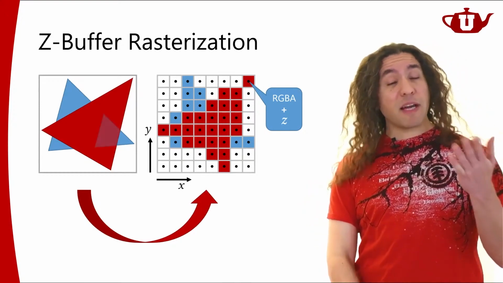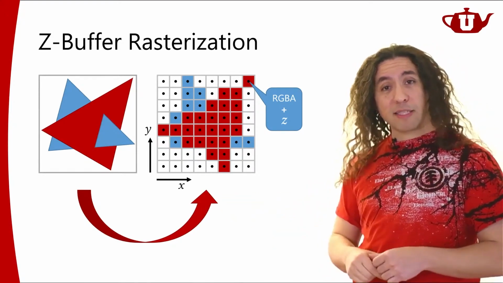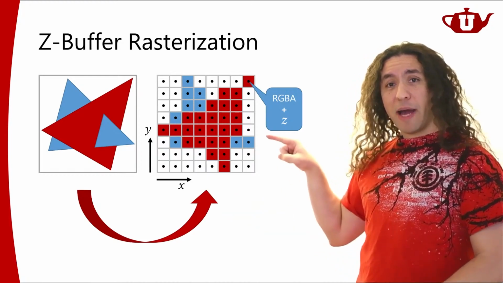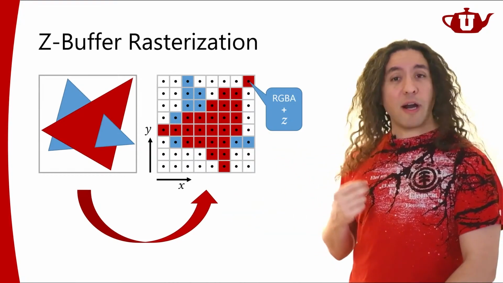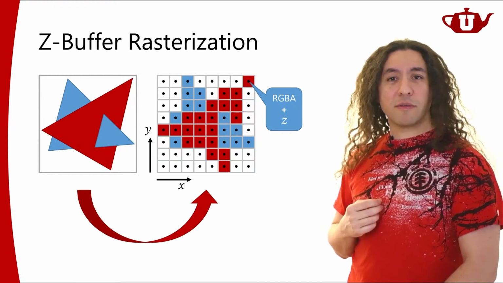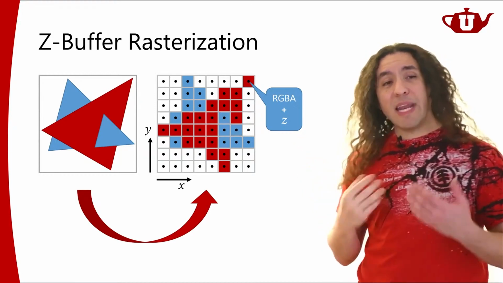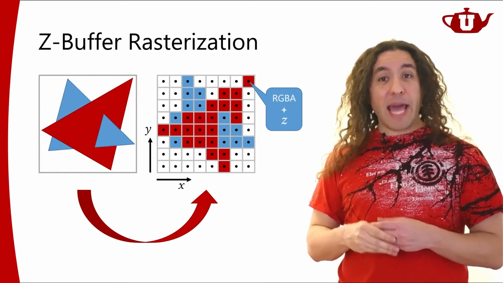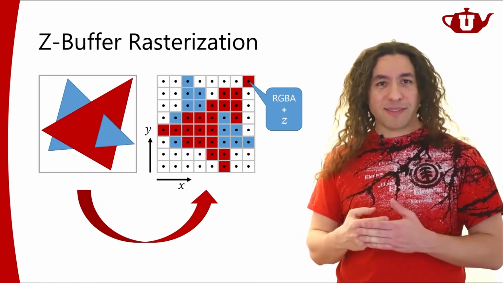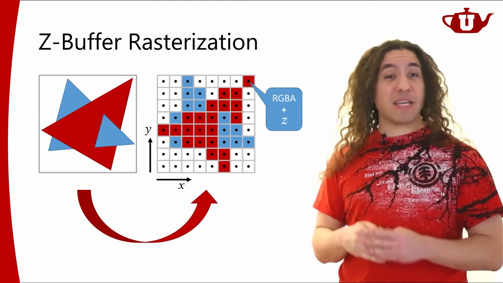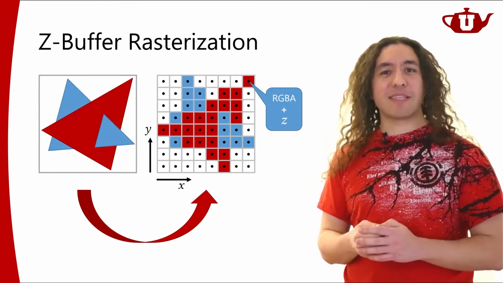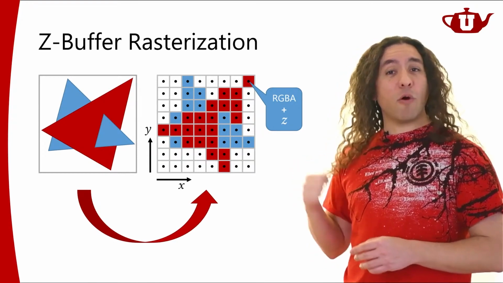If they're intersecting with each other, like in this case, then it will figure out for each pixel which triangle is in front. Right? So in a way, it is able to sort the triangles per pixel, because it's not actually sorting the triangles. It's just comparing the Z coordinates.